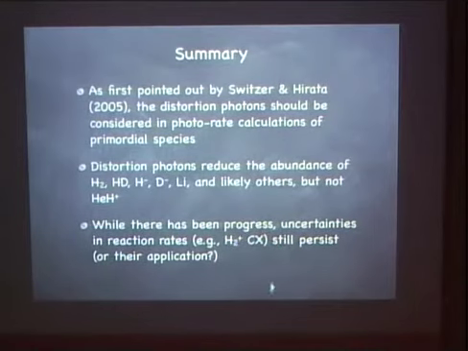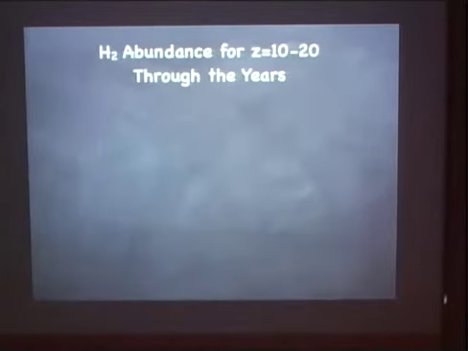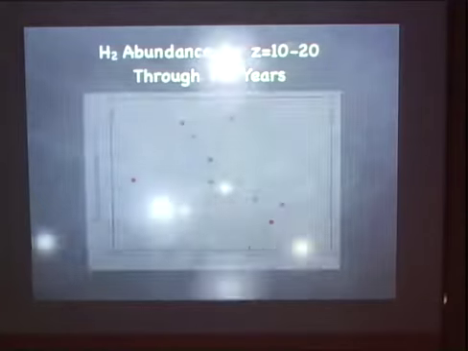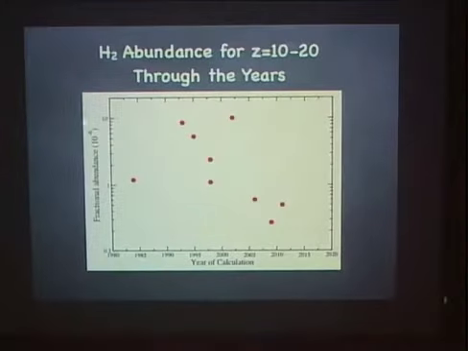Another issue is just how the rate coefficients are actually used in models. So I thought it would be neat to look back and see how the H2 abundance has evolved over the years, as various people have calculated it. Just looking at redshifts of 10 or 20, whatever they may have given in their papers, here's a plot: fractional abundance versus the year of the calculation. And notice also this is a log plot.